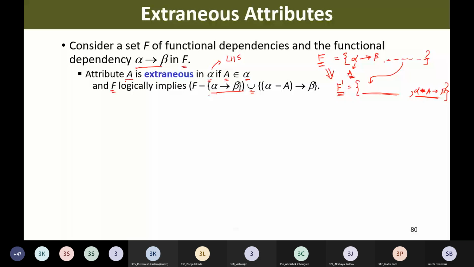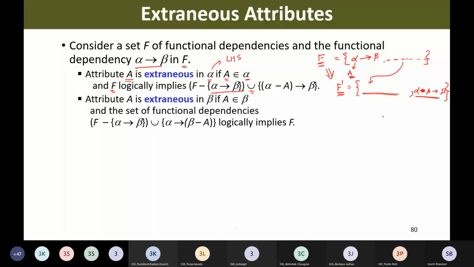So, attribute A is extraneous in beta, where beta is the right hand side of the functional dependency, if A belongs to the right hand side and this new set of functional dependencies logically implies the original set F. So how are we going to come up with this new set F dash?